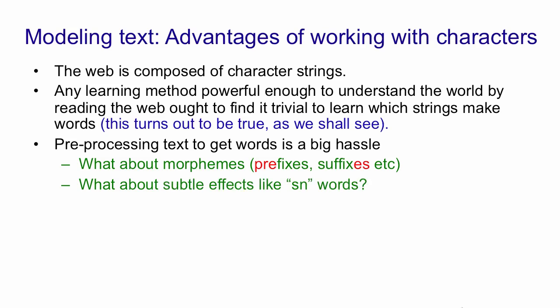The problem is it's not quite clear what morphemes are. There's things that are a bit like morphemes, but that a linguist wouldn't call a morpheme. So in English, if you take any word that starts with the letters SN, it has a very high chance of meaning something to do with the lips or nose, particularly the upper lip or nose.